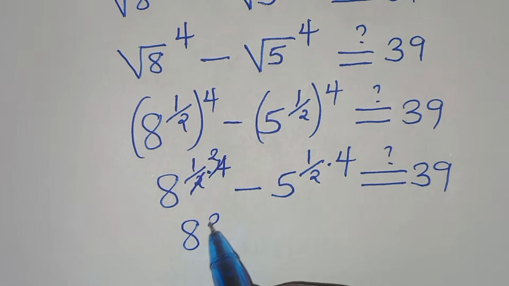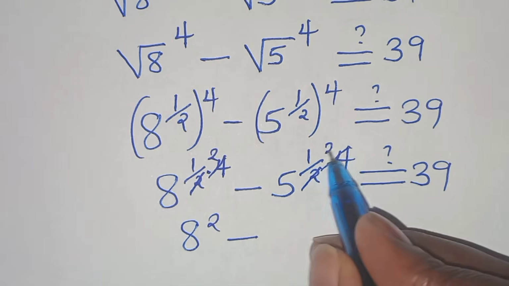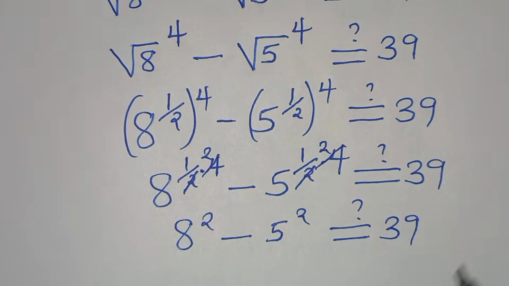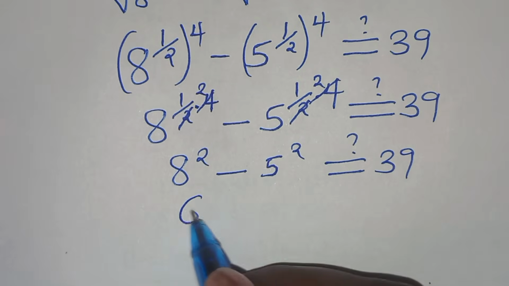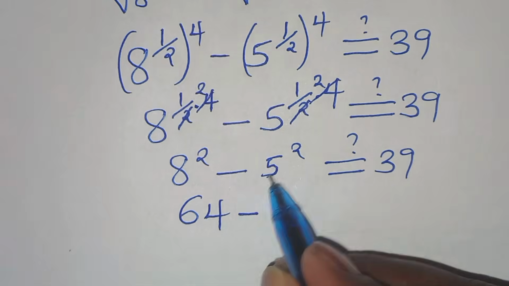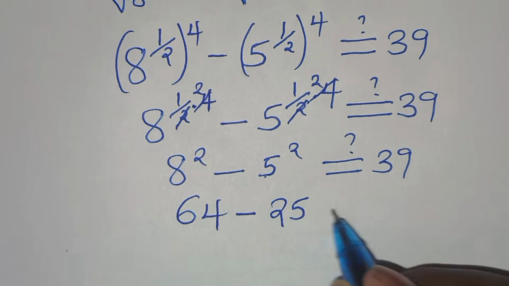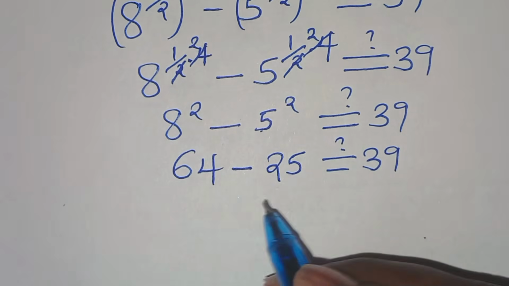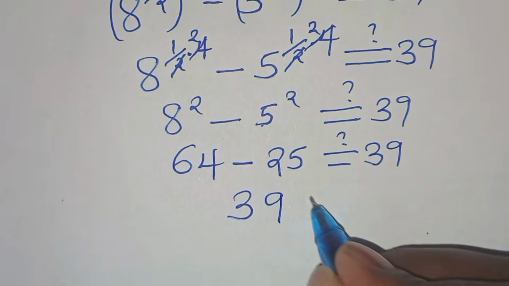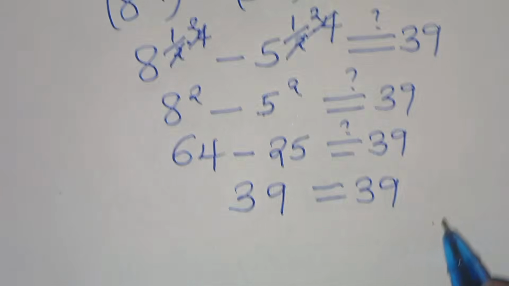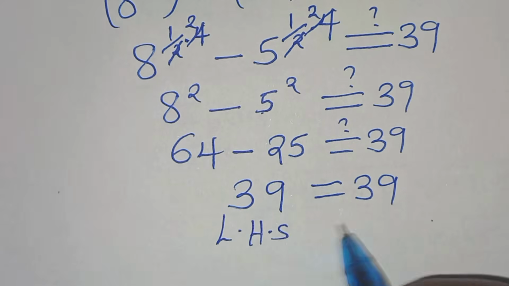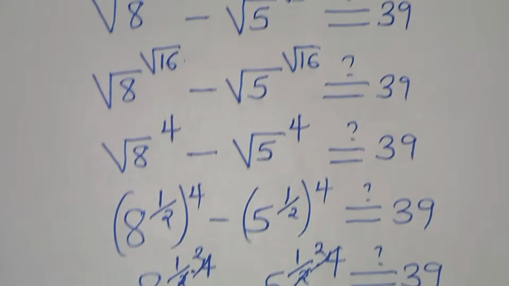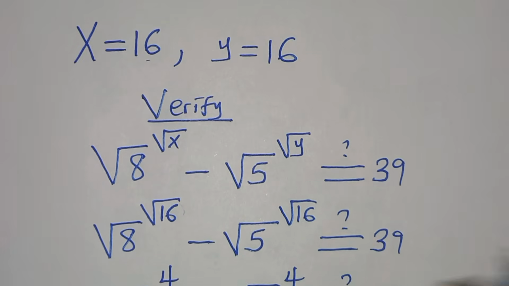So we have 8 to the power of 2 minus 5 to the power of 2. So 8 squared is 64, minus 5 squared, which is 25. 64 minus 25 is equal to 39, which is equal to 39. So we have that the left hand side is equal to the right hand side, and this proves that the values of x and y satisfy the equation.